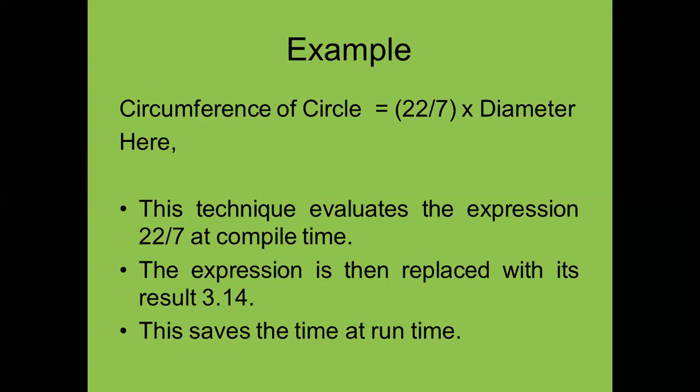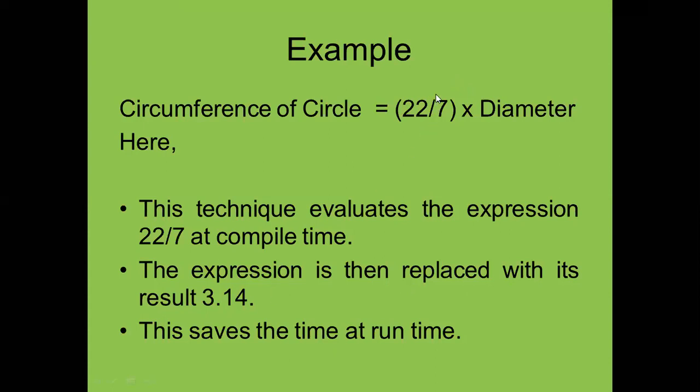So we can write circumference of circle is equal to pi, I am putting the value of pi, and then the diameter. Now this technique evaluates the expression 22 upon 7 at compile time. So this calculation will be done at compile time. The expression is then replaced with its result 3.14.